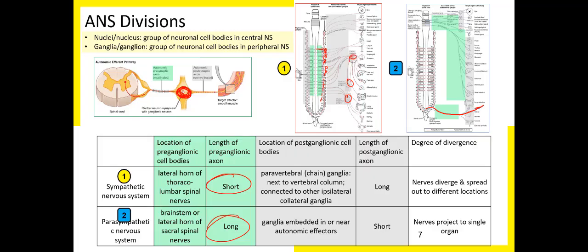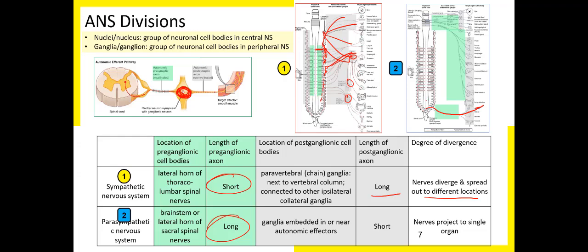The length of the axon of the second neuron in the sympathetic nervous system is long. And as I'll talk about more later, you can have one projection that diverges and spreads out. So sympathetic nerves diverge and spread out to different locations, and I'll explain why in a little bit.